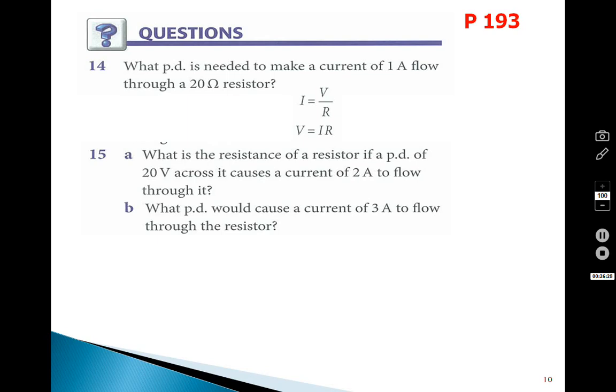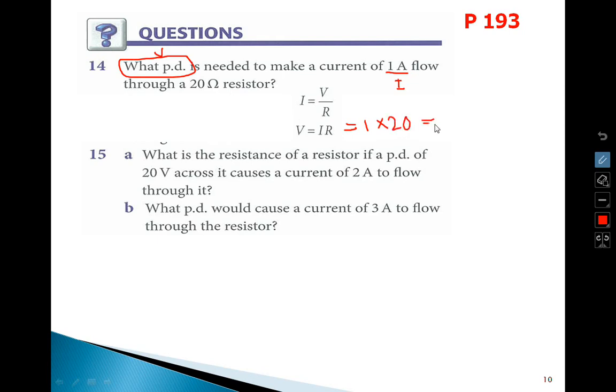This answer comes from Ohm's law. We have I equal to V over R, so V is equal to I times R. We need to find the PD, and PD is V. Don't be confused, PD is the same V. Potential difference is a voltage V. Here I is 1 ampere flowing through a 20 ohm resistor, so V is 1 ampere times 20 ohm.